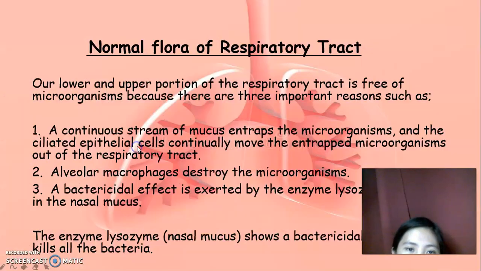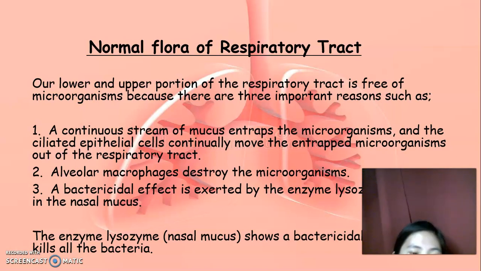Next is normal flora of the respiratory tract. Our lower and upper respiratory tract are largely free of microorganisms for three important reasons. Number one is a continuous stream of mucus that traps the microorganisms. The ciliated epithelial cells continually move the trapped microorganisms out of the respiratory tract.